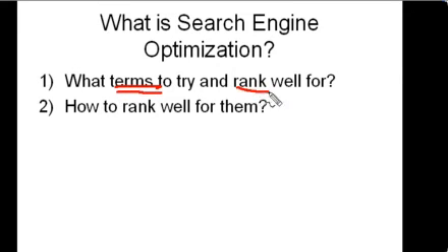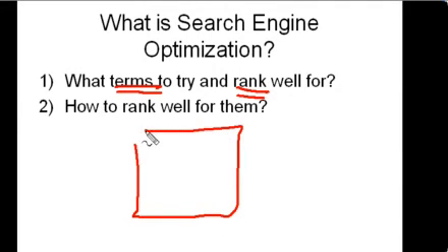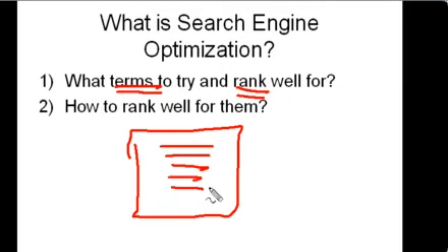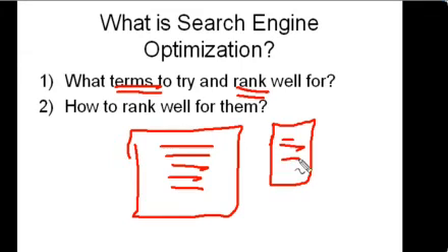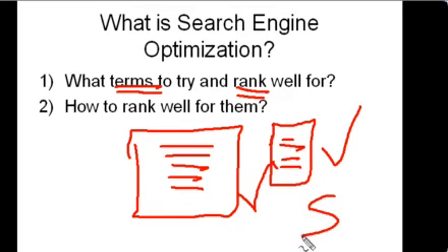After all, the whole idea of search engine optimization is that we are going to optimize our website. Here we have our website, right? And this is a page, and then I have another page on my website, and I want these pages to be optimized for the search engines.